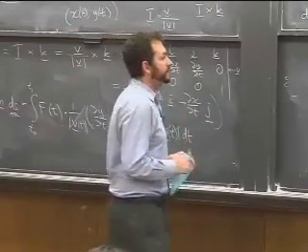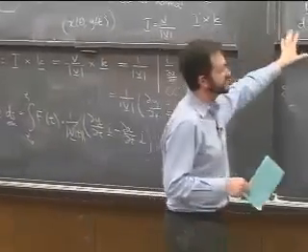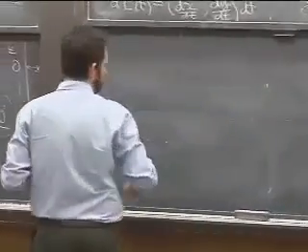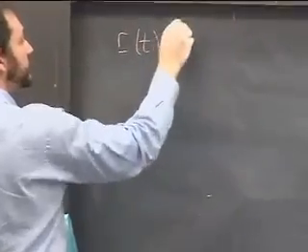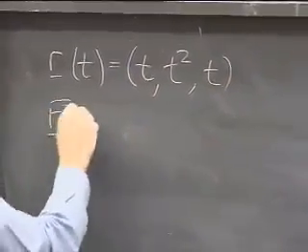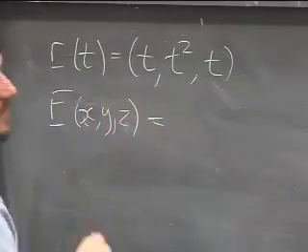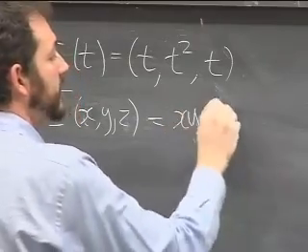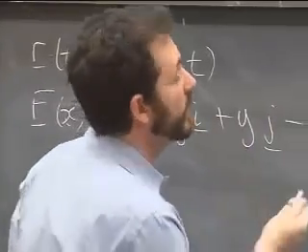And almost just to really nail down the point, and then I'm sort of taking an aside from what we've just done, let's go back to this question here, where we had the contour r of t equal to t, t squared, t, and we had f of x, y, z as this mess here, xy i plus y j minus yz k.